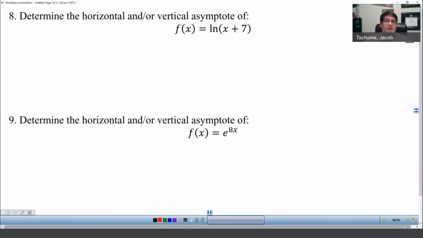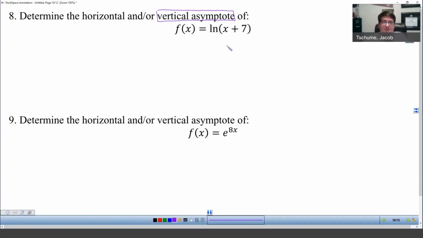So we don't do a lot of these, so I'm not going to spend a lot of time doing a bunch of examples, but I did want to show you an example of each kind. So for example, number 8, determine the horizontal and or vertical asymptote of f of x equals the natural log of x plus 7. Since this is a natural log function, I know right away it has to be a vertical asymptote by definition.